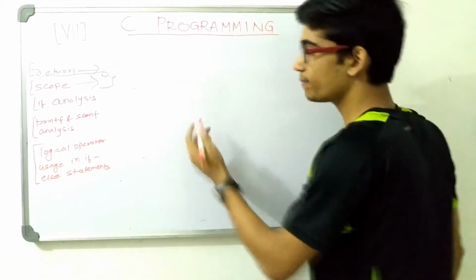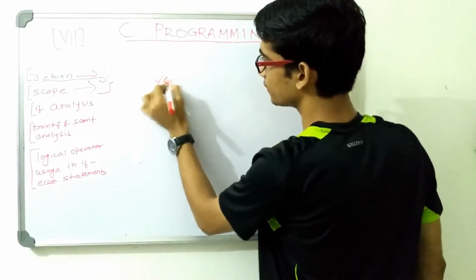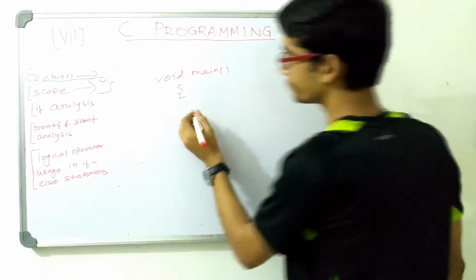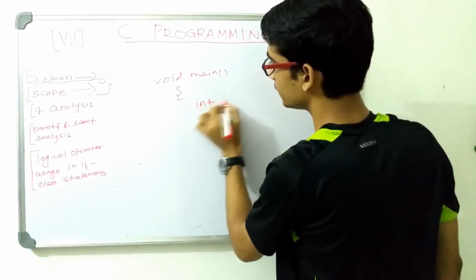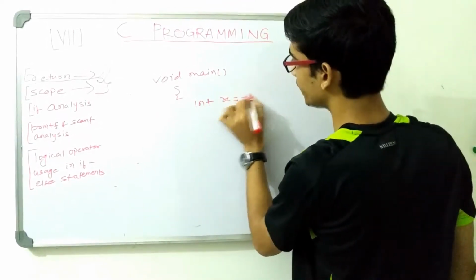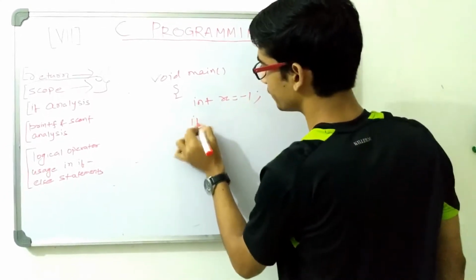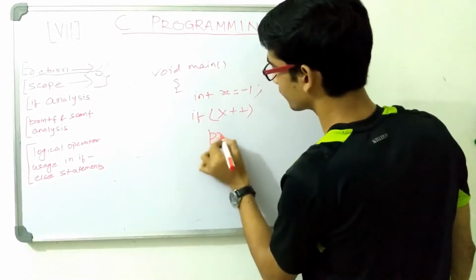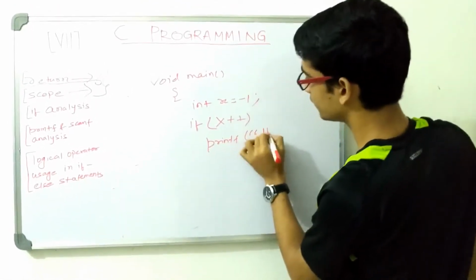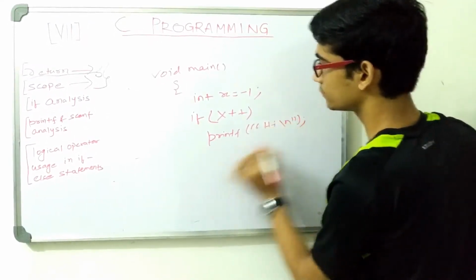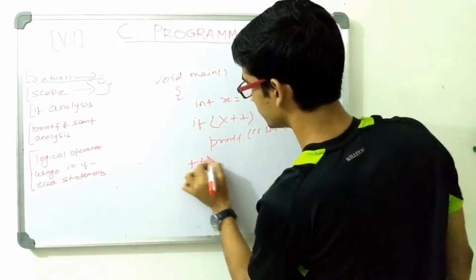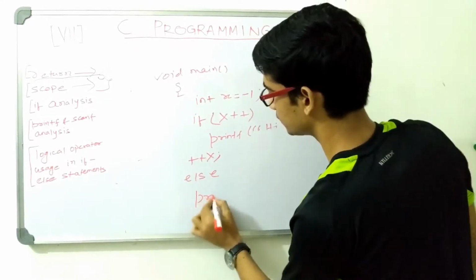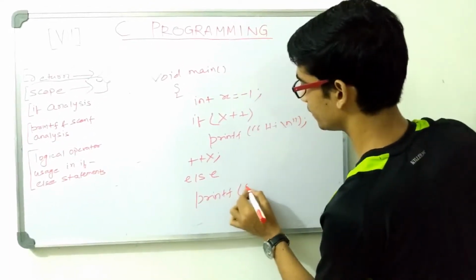So now let us write a final program for this lesson. void main, and I write suppose int x equal to -1, and then I write if x plus plus, printf hi, plus plus x, and then we write else printf.